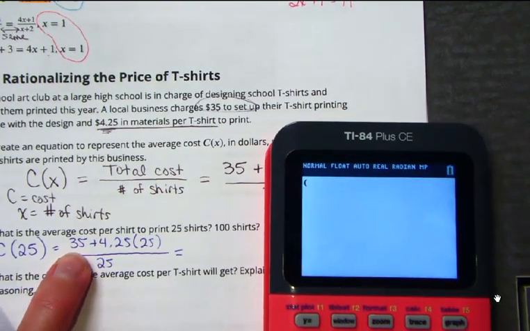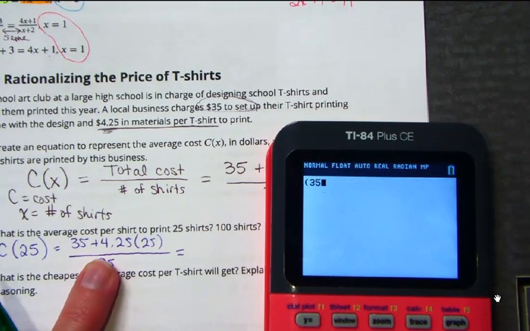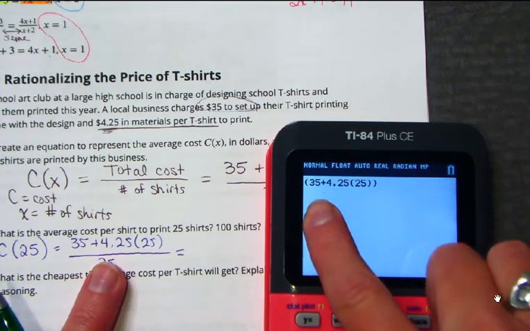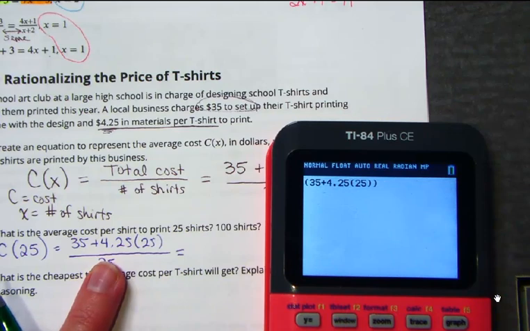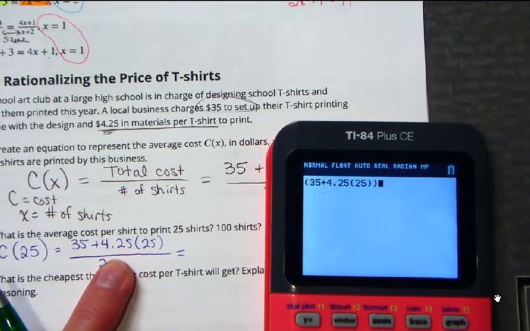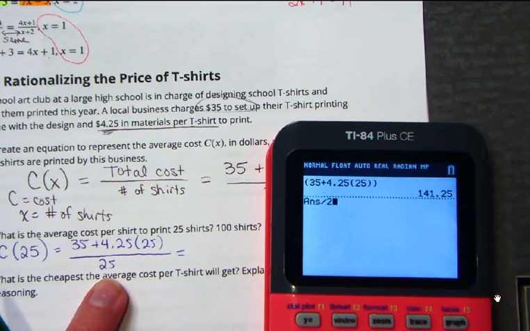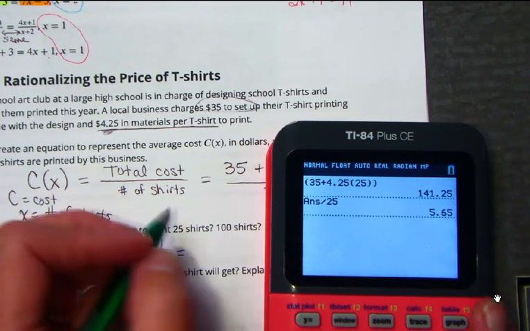In parentheses, because I've got a fraction, 35 plus 4.25 times 25. I'm actually going to just do my numerator first, sorry, that's on top. There's my total cost, and I need to divide it by 25 to get my per shirt cost.